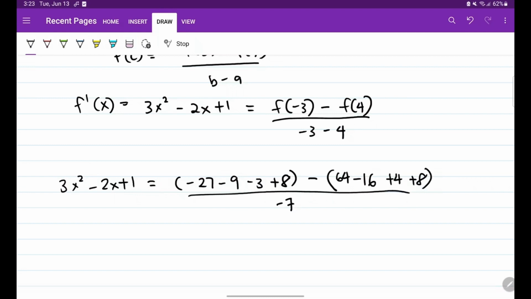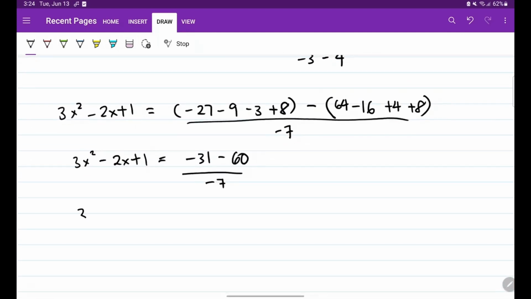Okay? So now we can just do the arithmetic. So this is 3x squared minus 2x plus 1 is equal to negative 31 minus 60 over negative 7. If we simplify further, magiging 3x squared minus 2x plus 1 is equal to 13.